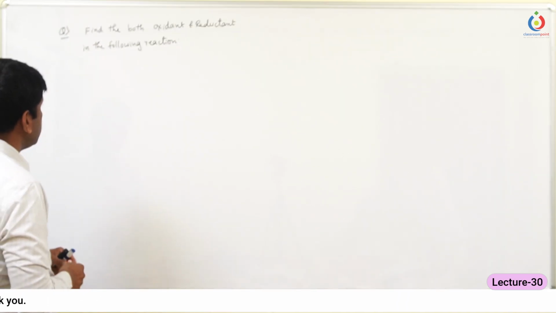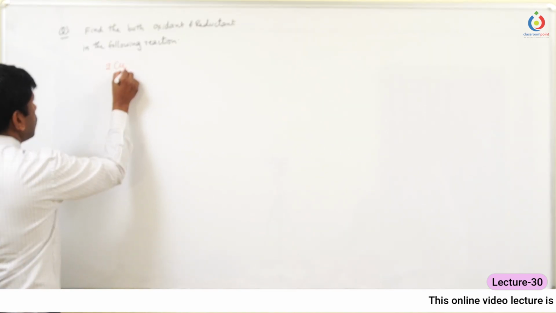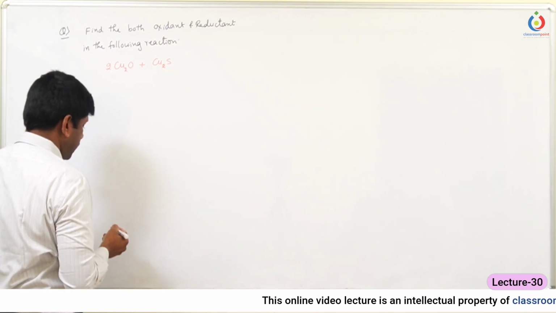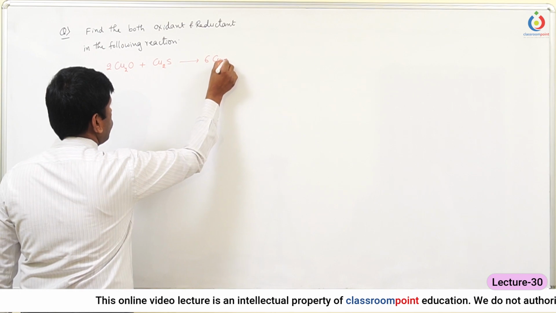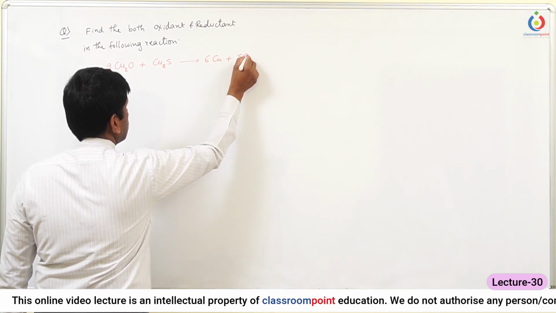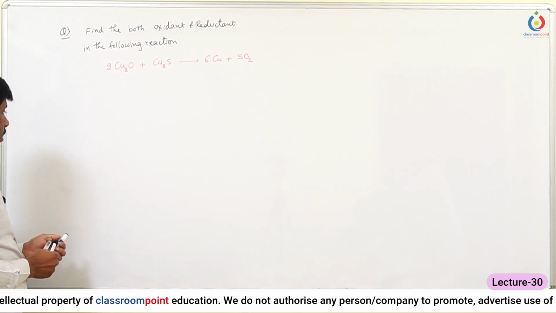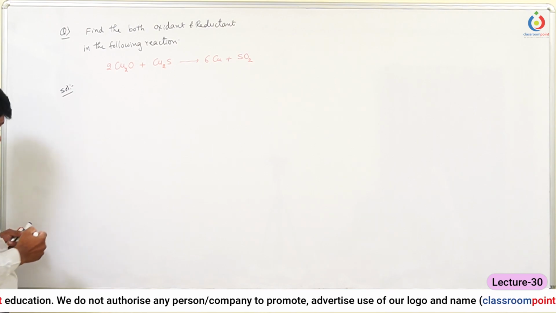So the reaction is given as cuprous oxide reacts with cuprous sulfide to give copper plus sulfur dioxide. So this is the reaction given. So let's find out which is the oxidizing agent, which is the reducing agent.